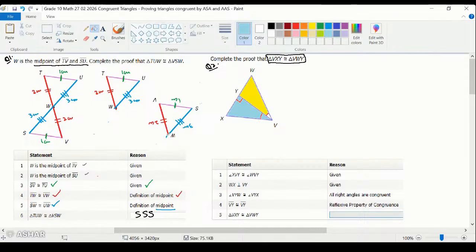So let's look at this information. What they are saying is that one of the angles is the same. Where is the right angle? VYW is equal to VYX.